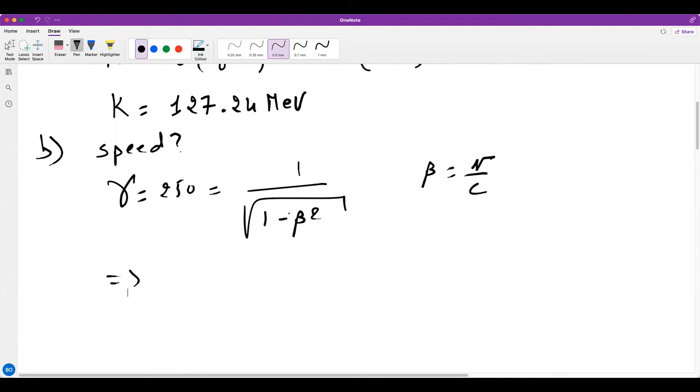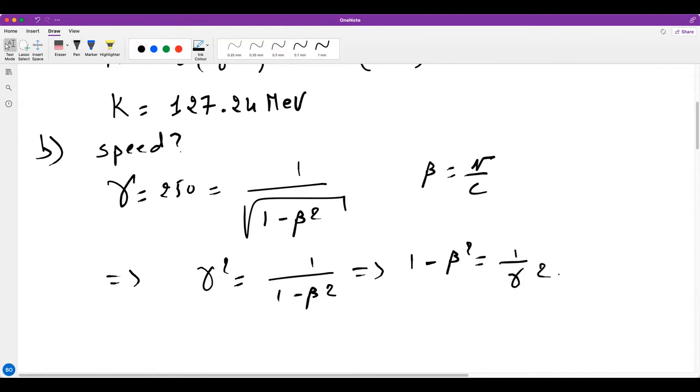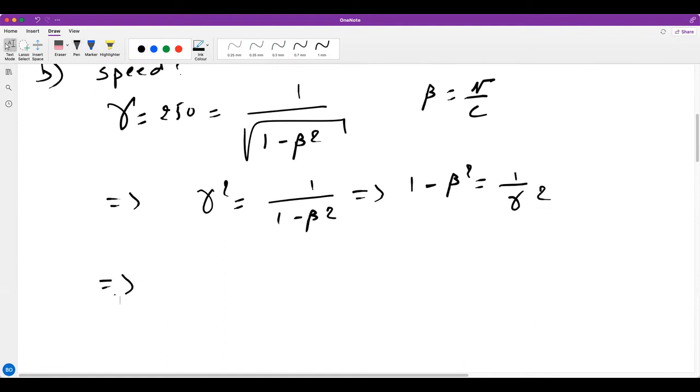So from this, gamma squared is 1 over 1 minus beta squared. It gives us that 1 minus beta squared is equal to 1 over gamma squared, and so beta squared is equal to 1 minus 1 over gamma squared.